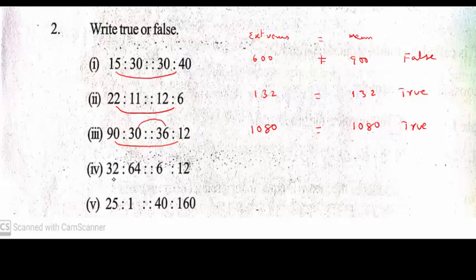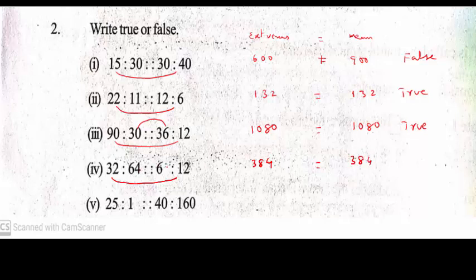Fourth, the product of extremes. What are the extremes? 32 and 12. 32 times 12 is 384. The product of means: 64 into 6. These are also 384.